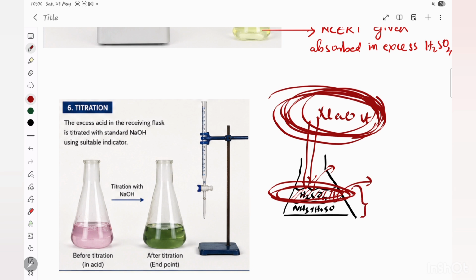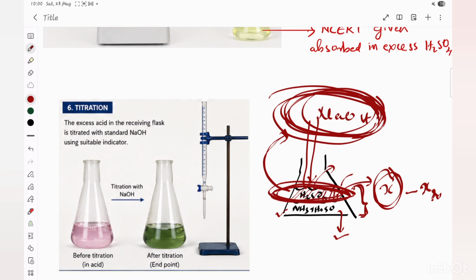Initially I have some quantity, suppose x. Whatever was used in the titration I found out, so initially x minus the leftover gives the amount that reacted. This is how NCERT finds out the amount of H2SO4 that reacted with NH3.